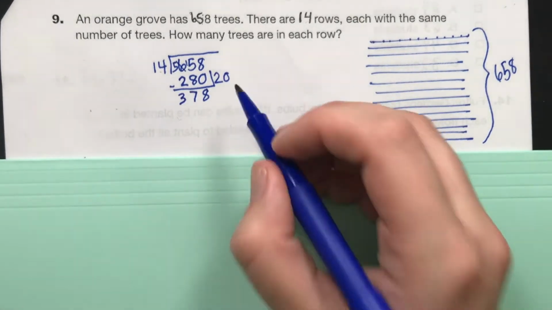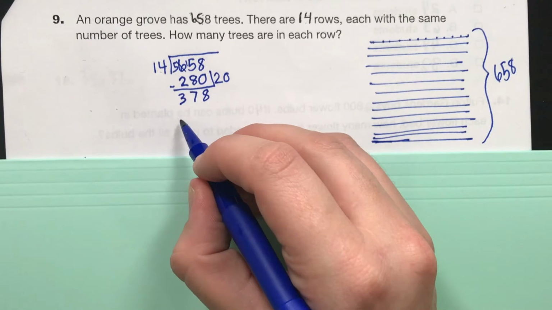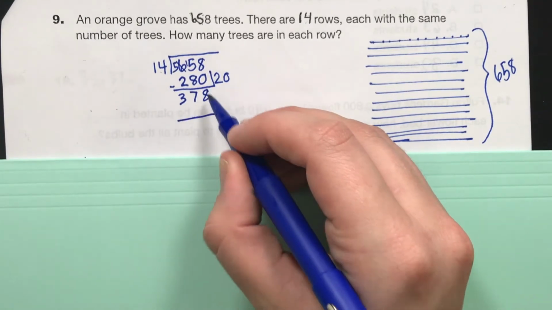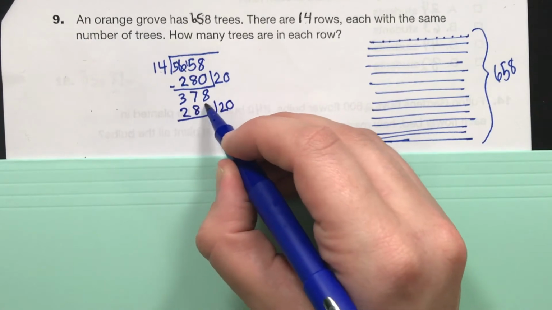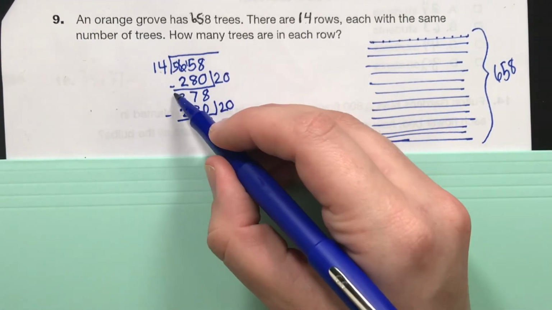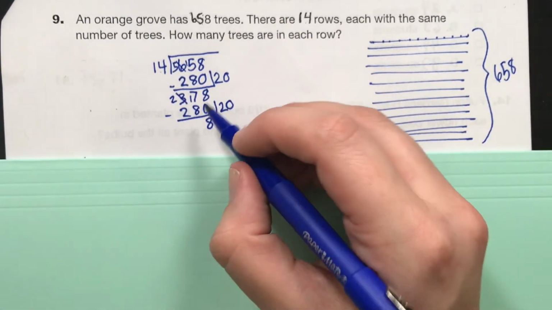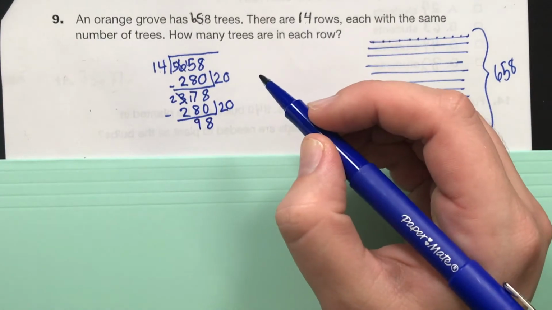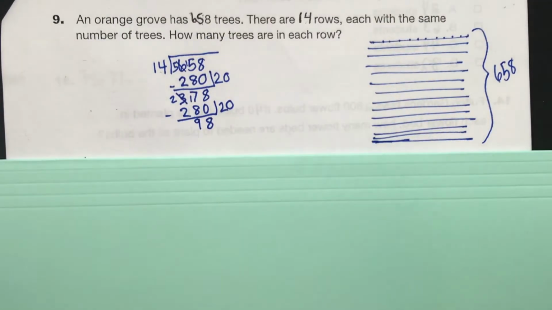So what I'm going to do is I'm just going to do another 20 because I know that 280 will fit into this without going over. 8 minus 0 is 8. I'm going to borrow here, and 17 minus 8 is 9. And then now I have 14 into 98.